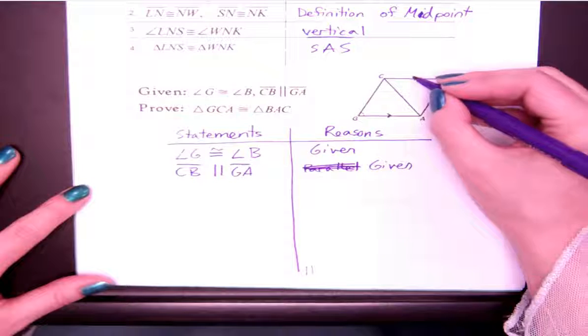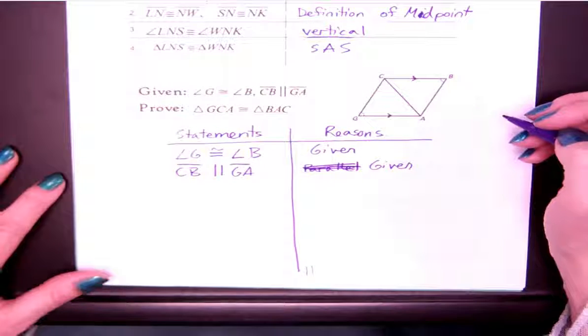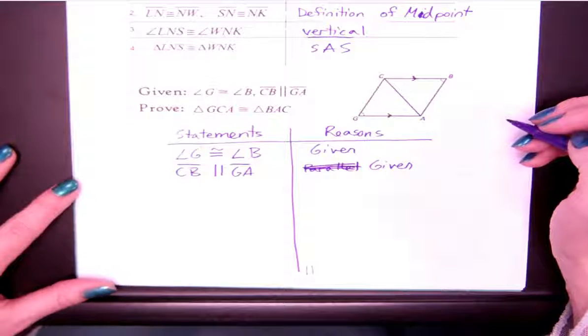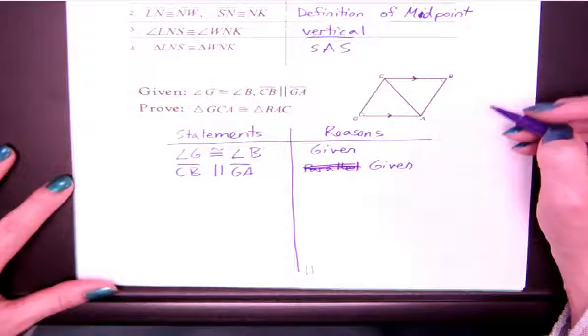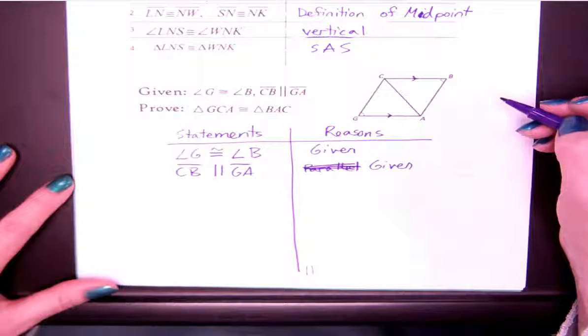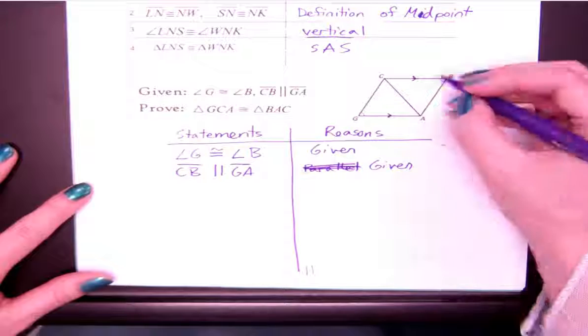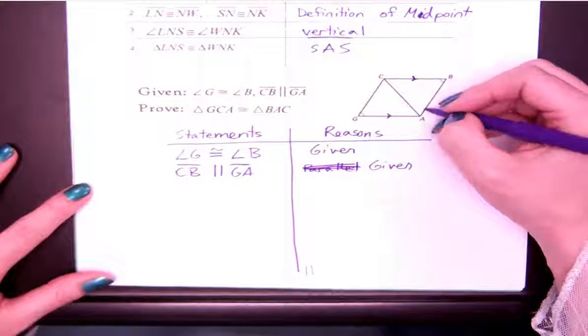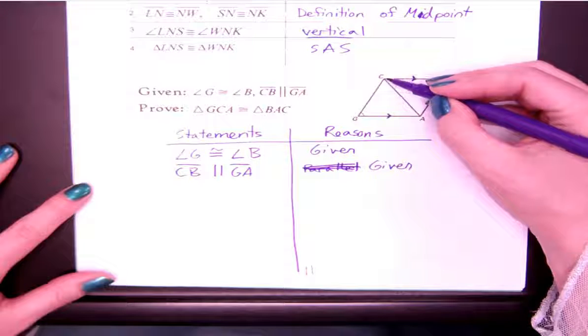And then what do we prove from parallel lines when we're trying to prove triangles congruent? I heard someone say it. Do parallel lines tell us about the angles congruent or sides congruent? Angles, right? We don't know anything about the length of the parallel lines. It's not given to us. But I can do my alternate interior angles, right?